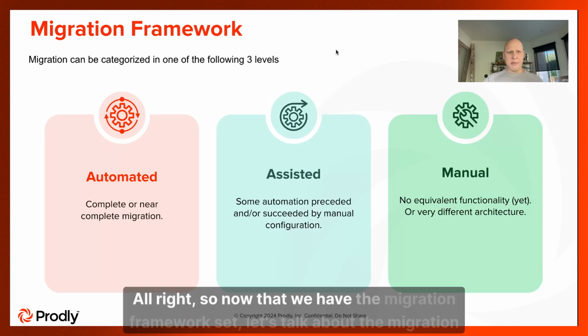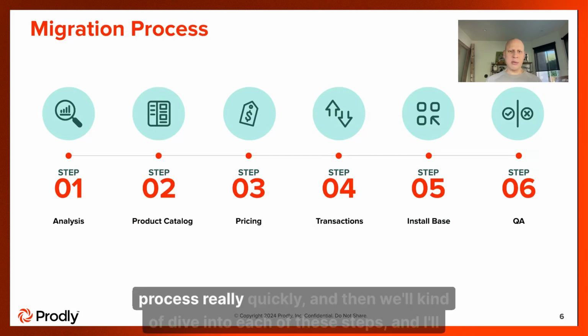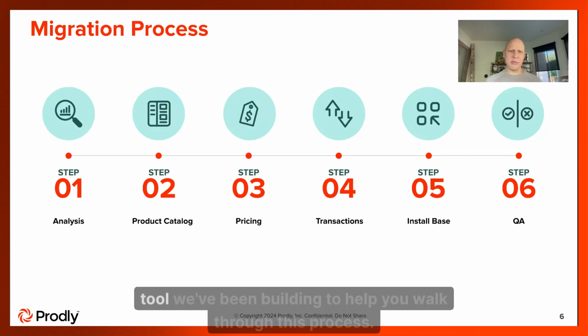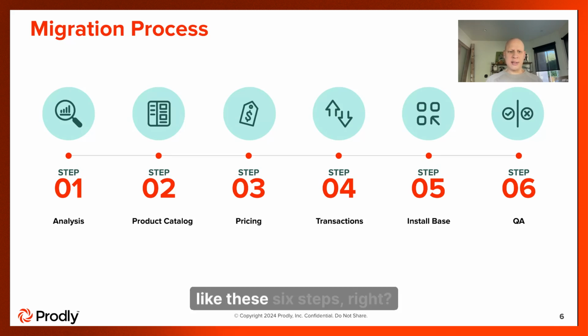All right, so now that we have the migration framework set, let's talk about the migration process really quickly, and then we'll dive into each of these steps, and I'll talk in more detail about what each of them entails and show you some screenshots of the tool we've been building to help you walk through this process. So the migration process is kind of like these 6 steps, right?